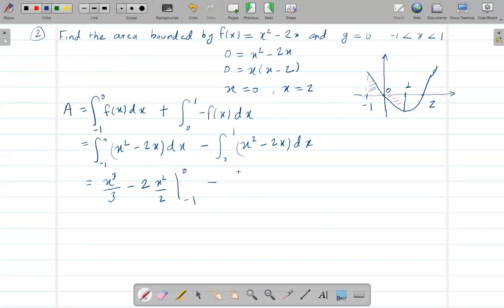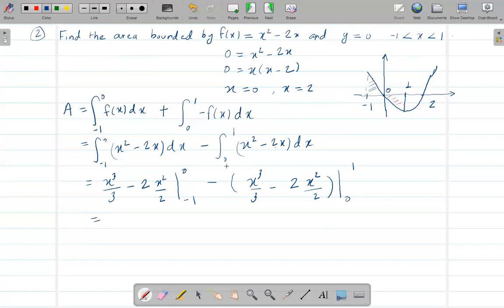Minus, now again on this one, it will be x to the power 3 over 3 minus 2 times x squared over 2, and again this will be from 0 to 1.